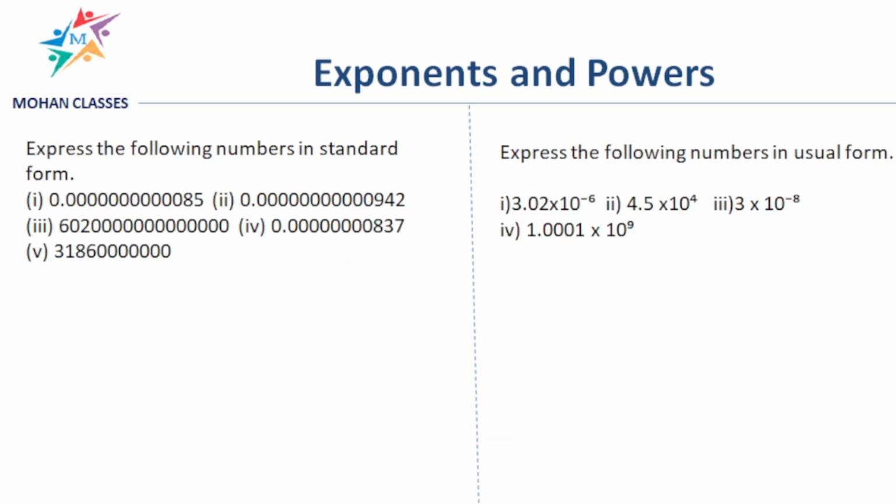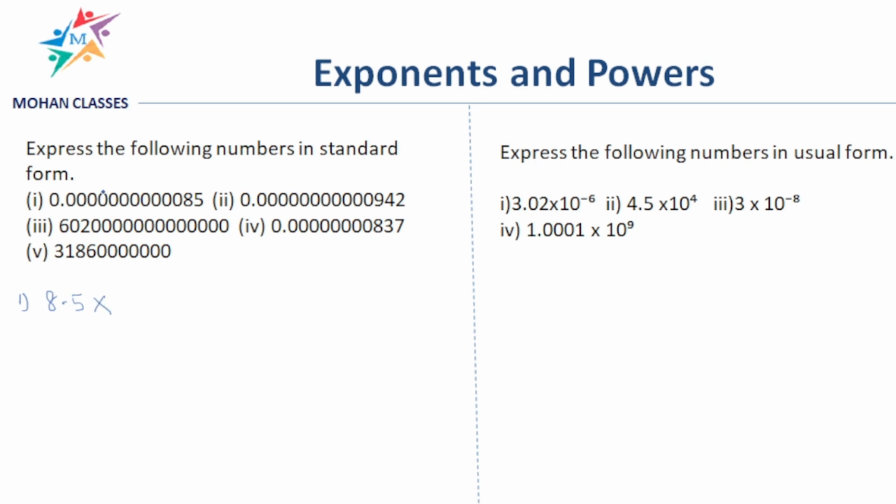The last one, now we are going to find the standard form of the given sum. 0.000085 we have to write it in the standard form or scientific notation. Okay, how we will write that? First one, you see what I told, 8.5.